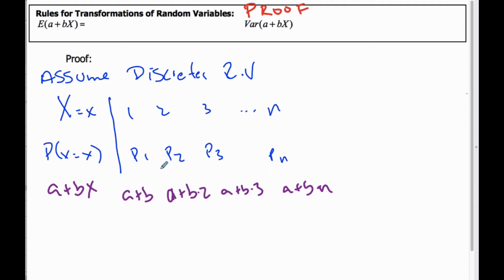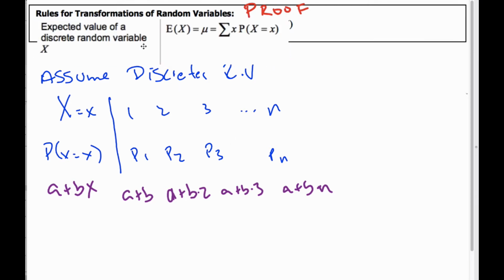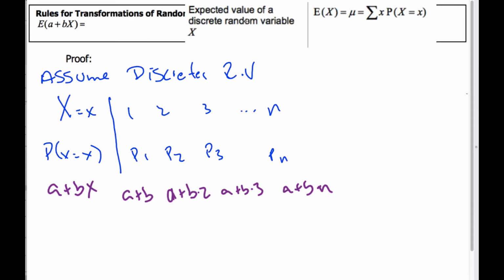And so I want the expected value of all these multiplied by the probability. To find the expected value, let's remember our formula for the expected value of a discrete random variable: I take my value and multiply it by the probability, my value times probability, and so on.